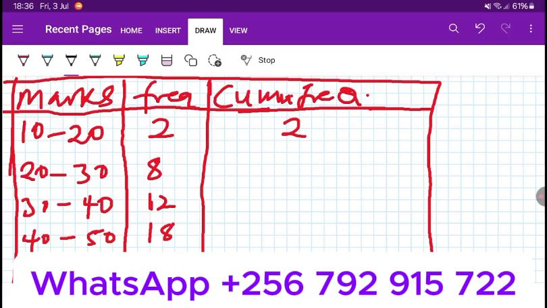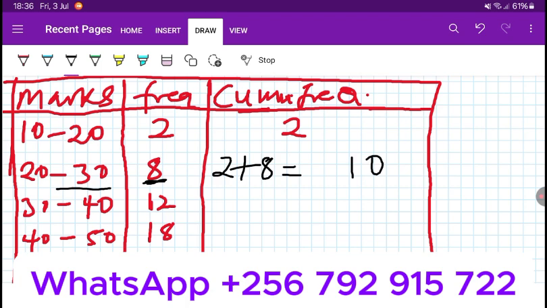Otherwise, it's like having a 0, then 0 plus 2. Now, for the second class, it will be the first class, which is 2, plus the second class, whose frequency is 8, and this will give you a 10.